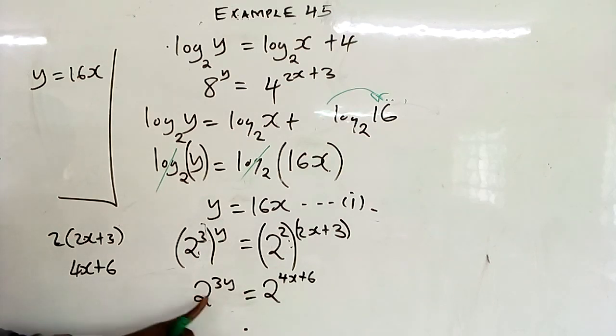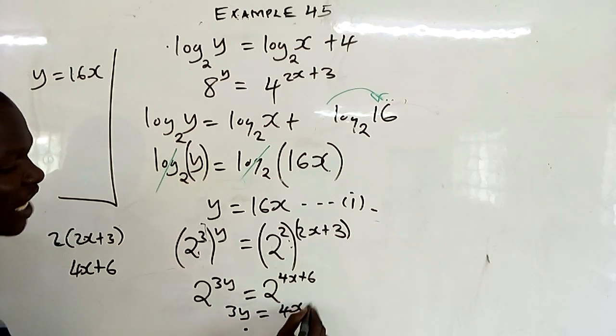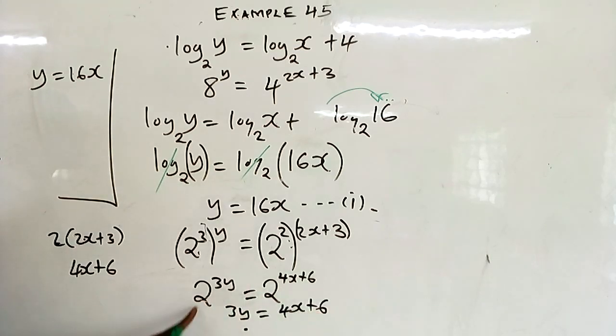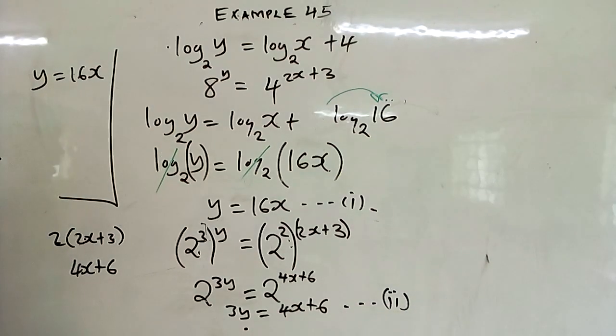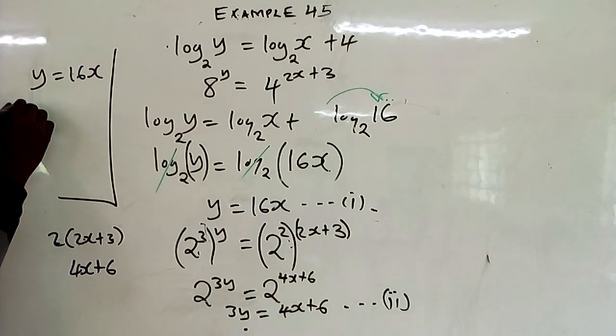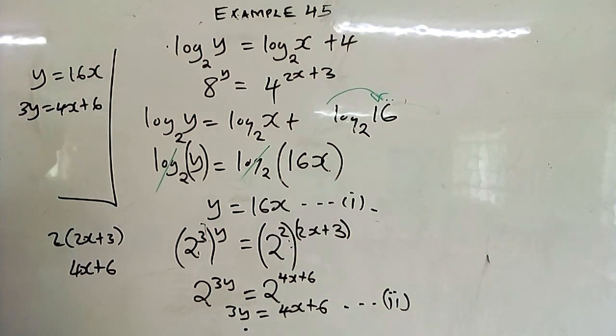If you have the same base, it means powers are equal. So 3y is equal to 4x plus 6, because the base is the same. So that is equation number 2: 3y is equal to 4x plus 6.